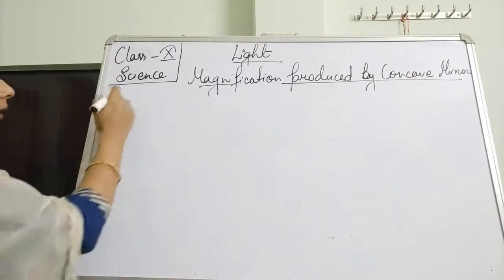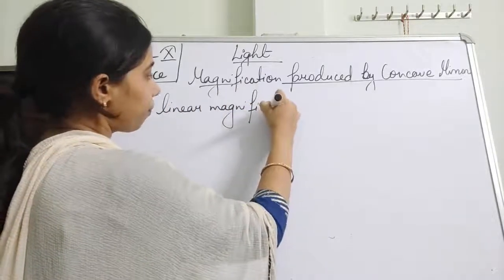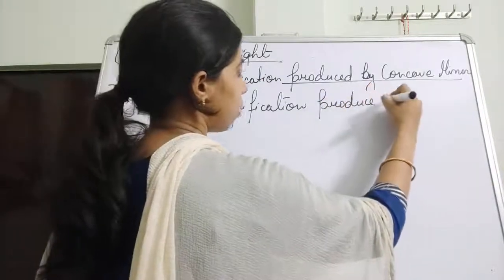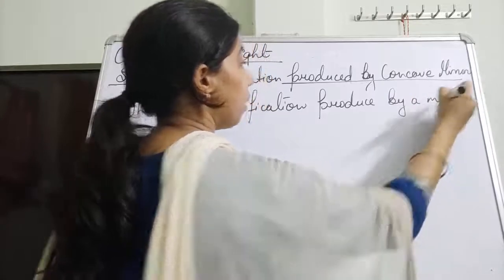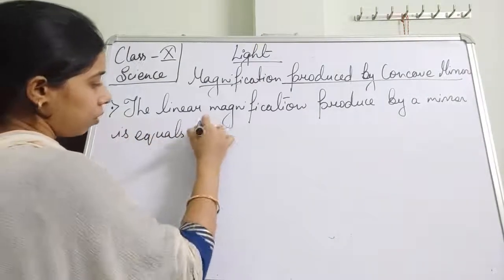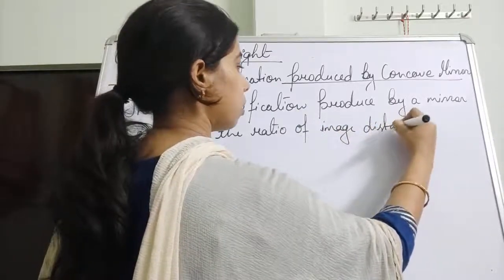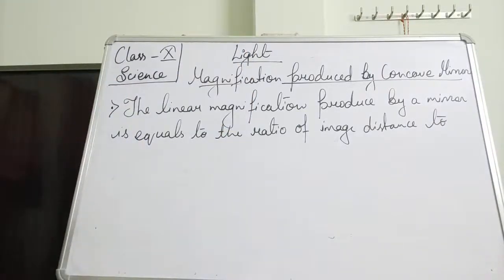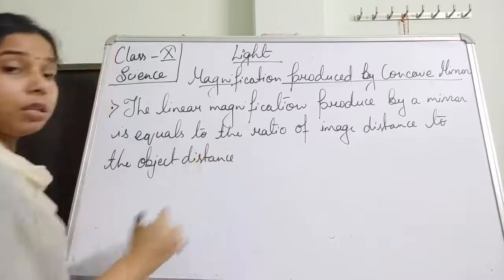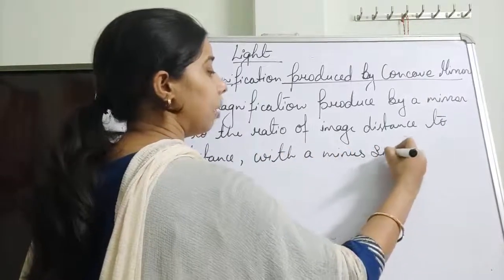So the formula is: the linear magnification produced by a mirror is equal to the ratio of the image distance to the object distance, with a minus sign.